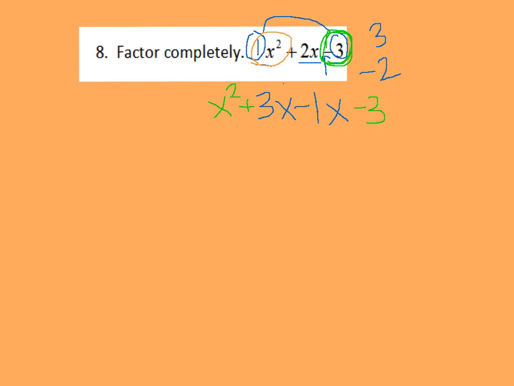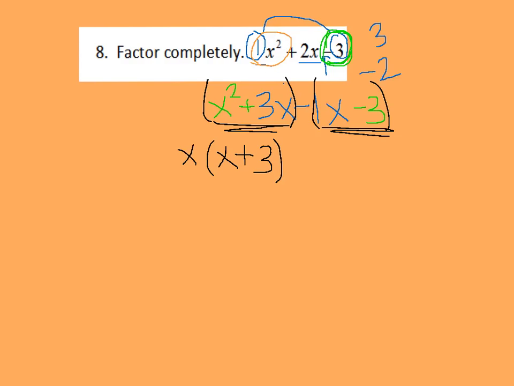Now, how many terms do you have? 1, 2, 3, 4. So now we solve by grouping. So I group up my first 2 things, my last 2 things. My GCF in my first set of parentheses is just an x. I'm left with x plus 3. In my second set of parentheses, I have no GCF, so my minus just comes down.